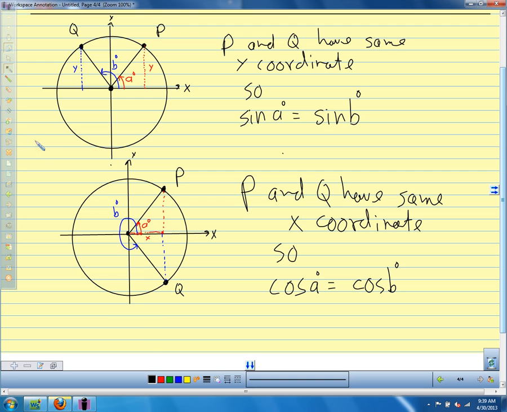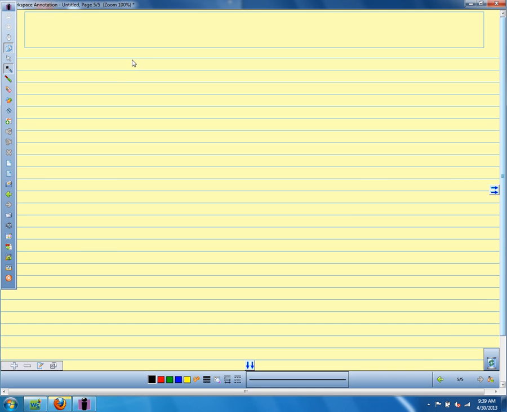So to find the second angle that has the same sine, or the second angle that has the same cosine, we have a rule.